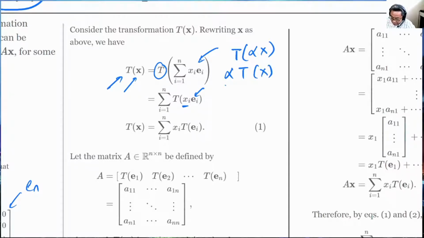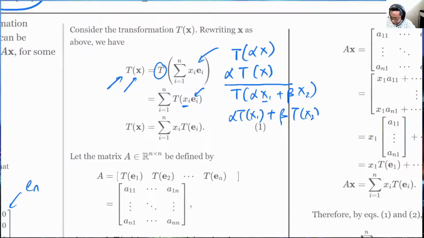The other property is T of alpha x1 plus beta x2, which is alpha T x1 plus beta T x2. So we use the property that T is linear to achieve this effect. T of x is simply the scalar of each coordinate multiplied by T on each basis, and we sum it up.